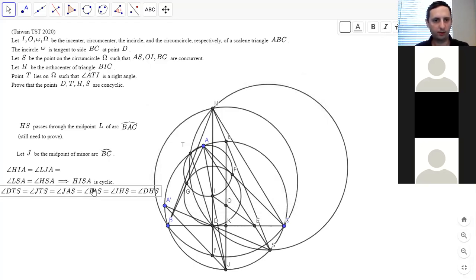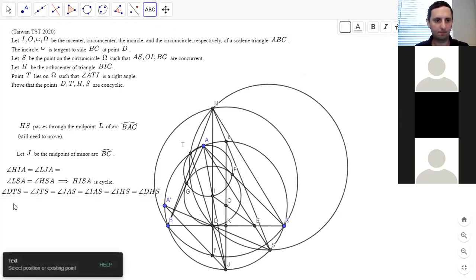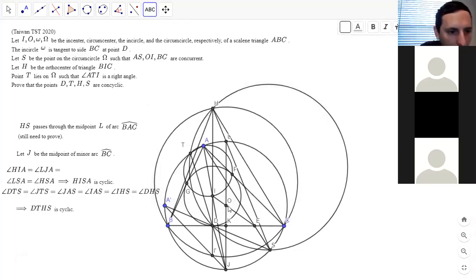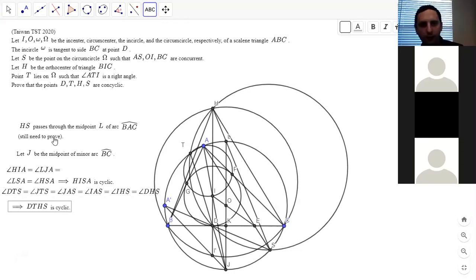So then we would have DTHS is cyclic. So that would solve it. We just need to prove, we have to show that HS passes through the midpoint of arc BAC.